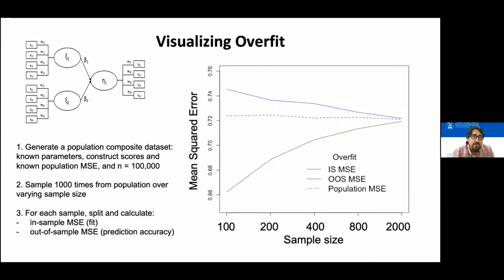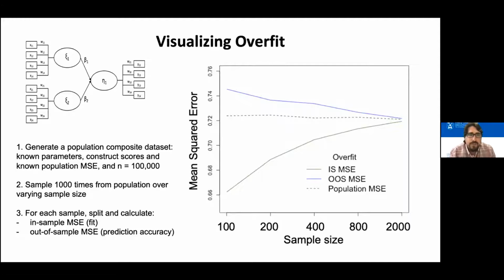So I took the simple model and I said, what would it take for me to overfit it? To demonstrate this, what I did was simulate a data set, a population composite data set. I fixed the parameters so that I have known construct scores and a known population mean squared error.